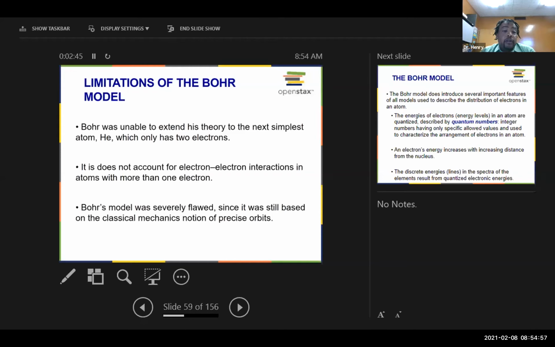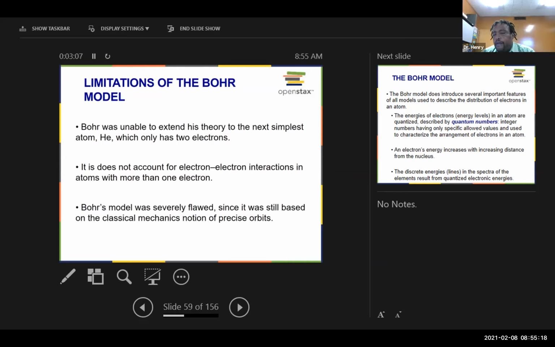Okay, but one of the major things is that when you start getting into the higher atoms, they have more electrons. And so you have to think about the behavior of electrons interacting with electrons, as well as electrons independently interacting with the nucleus.